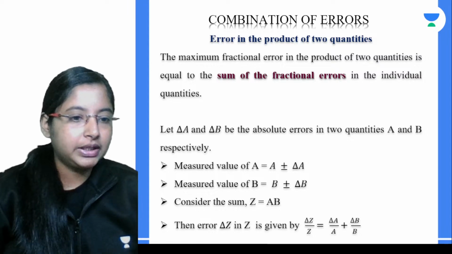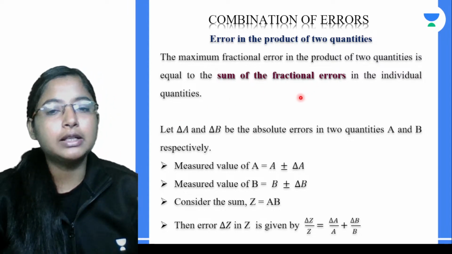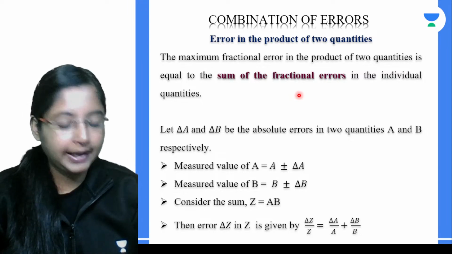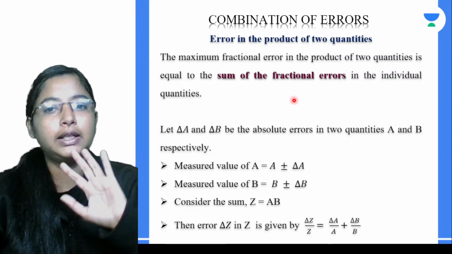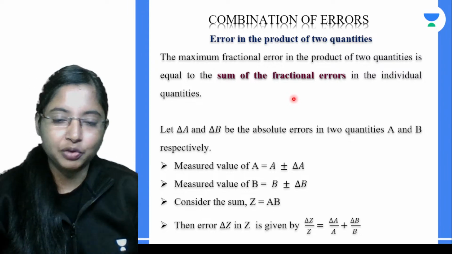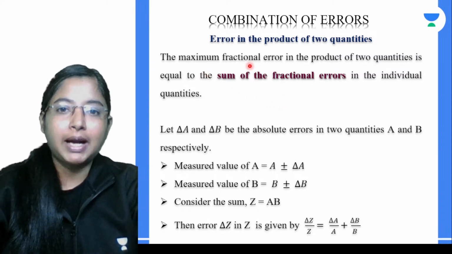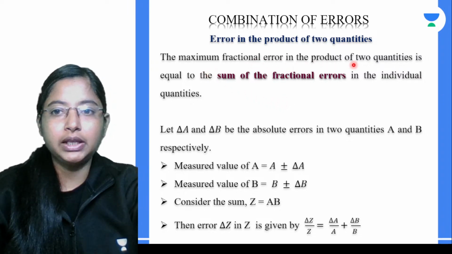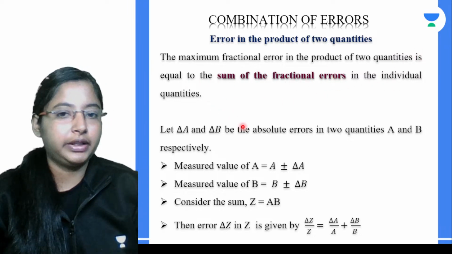The previous class recordings, part 1 of the series, have the error analysis part, where we discussed in detail all types of errors, so you can go through that. In this case, the maximum fractional error in the product of two quantities is equal to the sum of the fractional errors in the individual quantities.